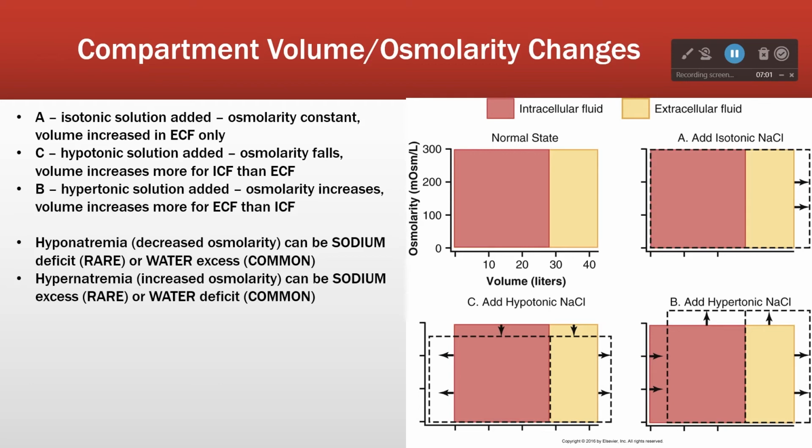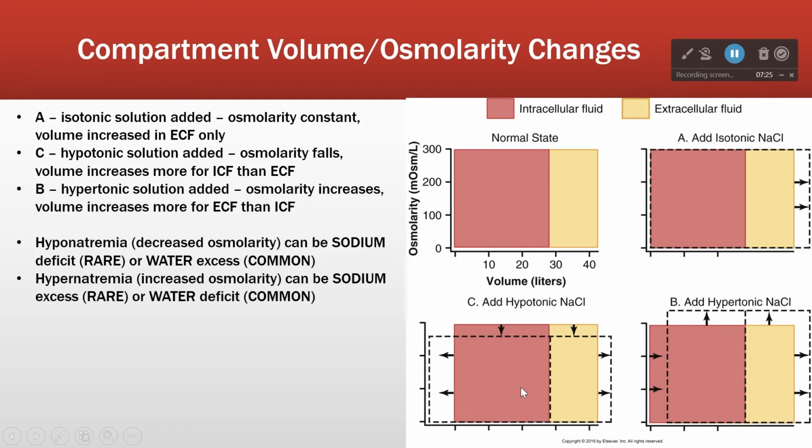So if we give hypotonic saline to the patient, what we see is that water doesn't all stay put. Some of that water moves towards the intracellular fluid space. So we do get an increase in extracellular fluid, but we actually get a bigger increase in intracellular fluid.